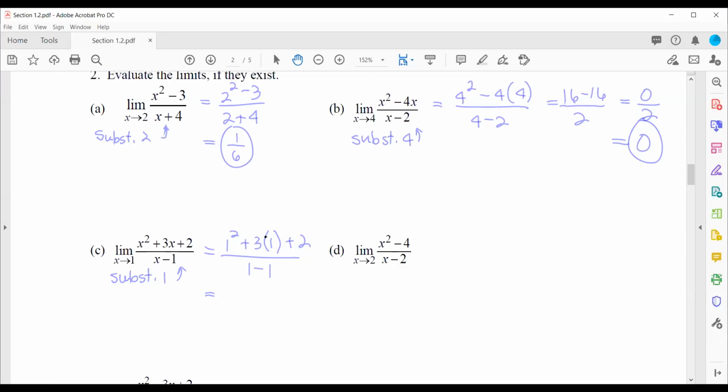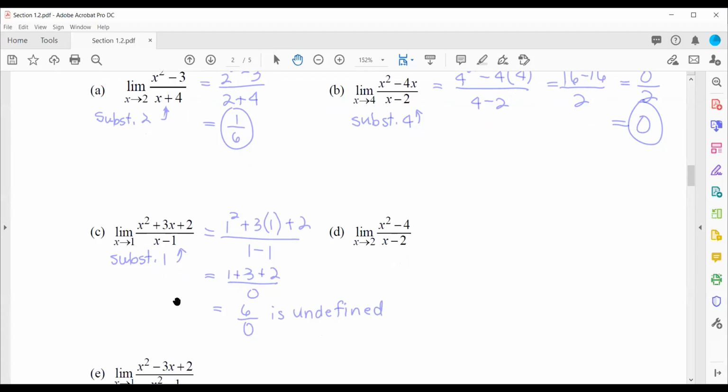That's 1 plus 3 plus 2 divided by 0. That's 6 divided by 0. All right. 6 divided by 0 is undefined. There's nothing new there. And so the limit does not exist. I'll write out does not exist.